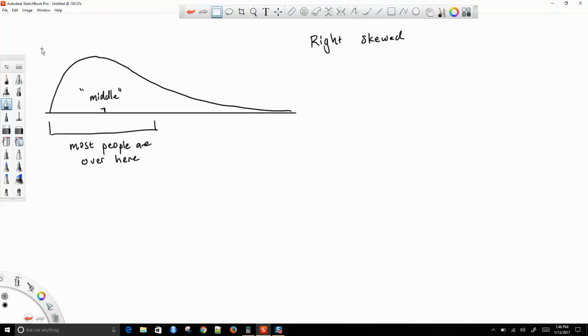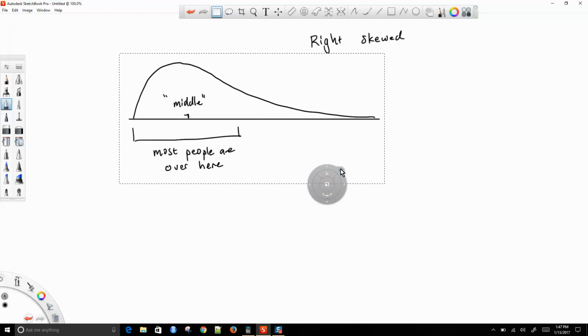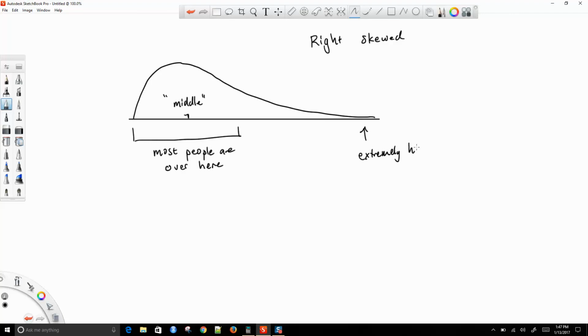And you have some extremely high values. Extremely high values exist, perhaps less common, but still exist. Meanwhile, if that's the middle, you don't have values that are extremely low.